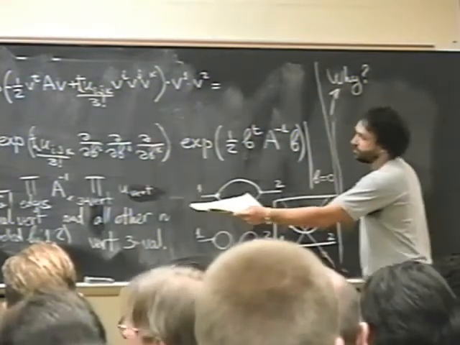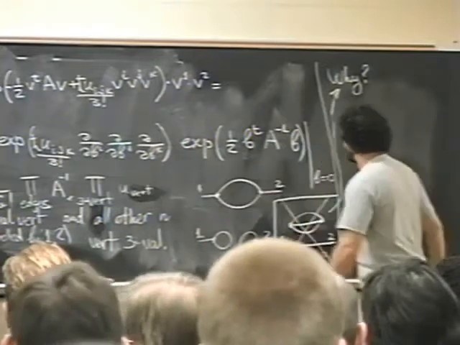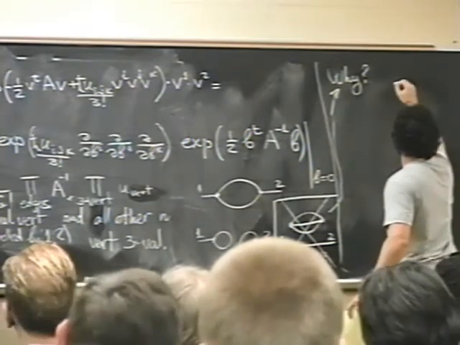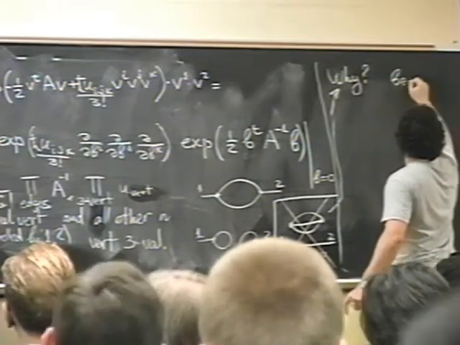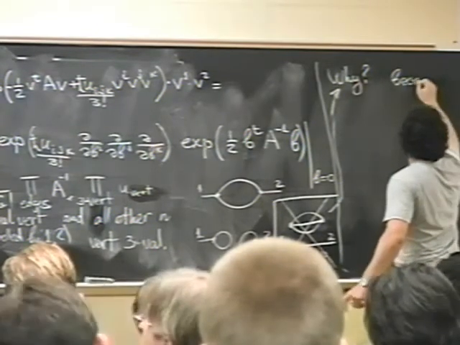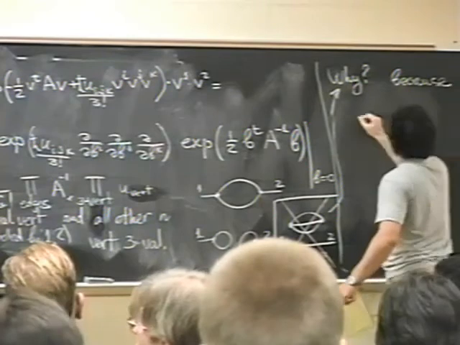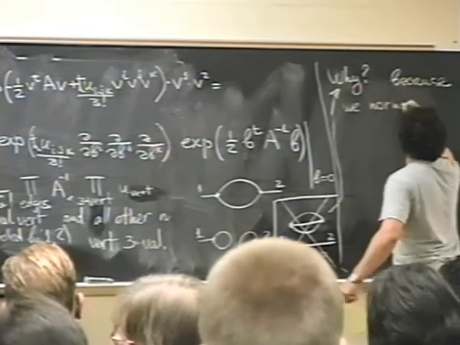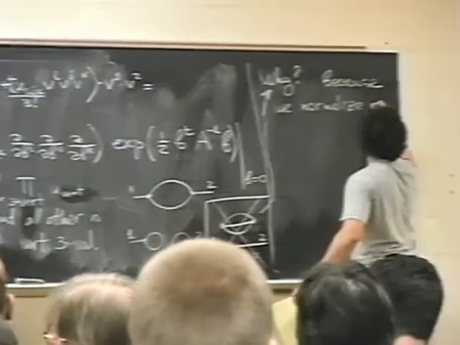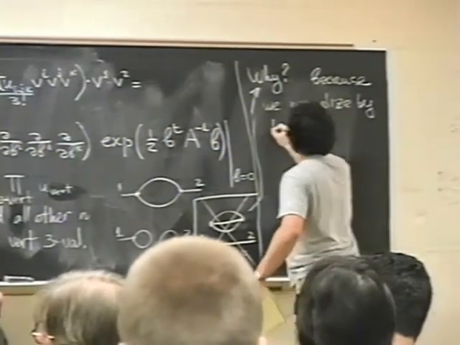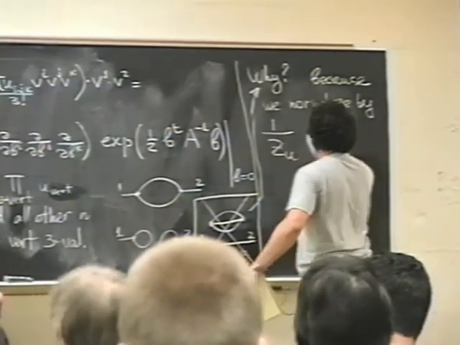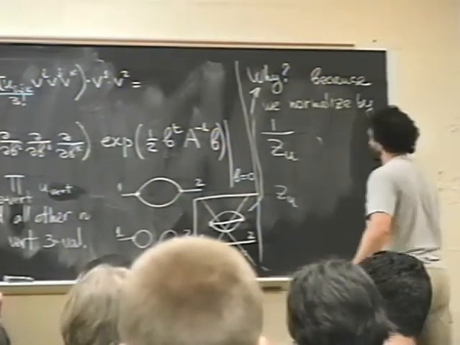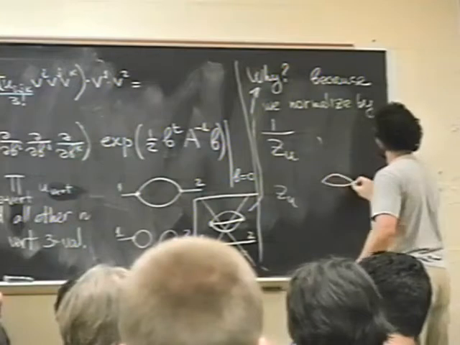And then in Zu, as we discussed before, we see graphs of that type, right? Because we normalize by 1 over Zu. And Zu gave us the graphs, which in particular looked like that.